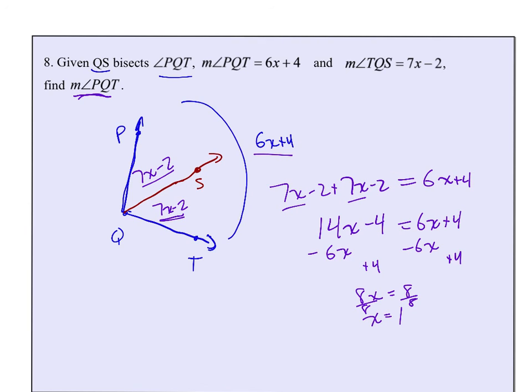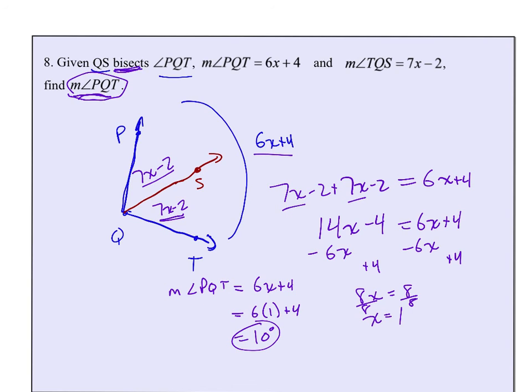Very handy when I can do that. So PQT is 6x plus 4. But we know that x is 1. So that whole thing is going to be 10. 10 degrees, as it were. Okay.